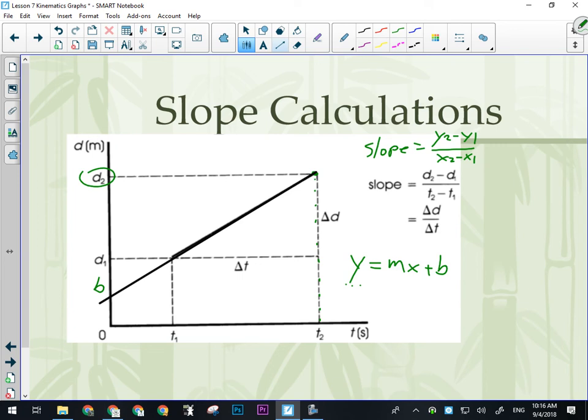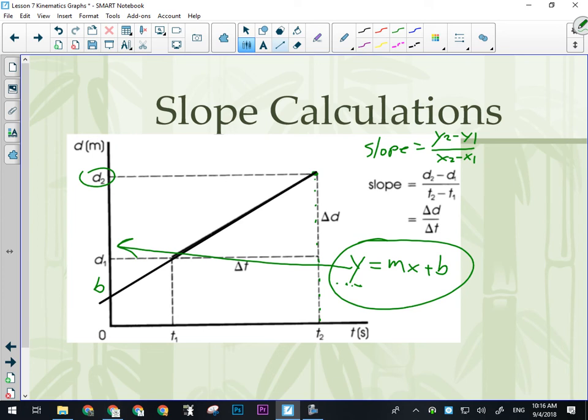We're going to use y equals mx plus b quite a bit in this unit, especially when we do our little graphing lab, because we'll be asked to do things with a position versus time graph, like calculate how far the object would have gone in a time interval that is beyond what we measured. So if we run an experiment that only runs for 40 seconds, y equals mx plus b can help us to calculate how far, and y on this graph is position, how far it goes in 2 minutes.